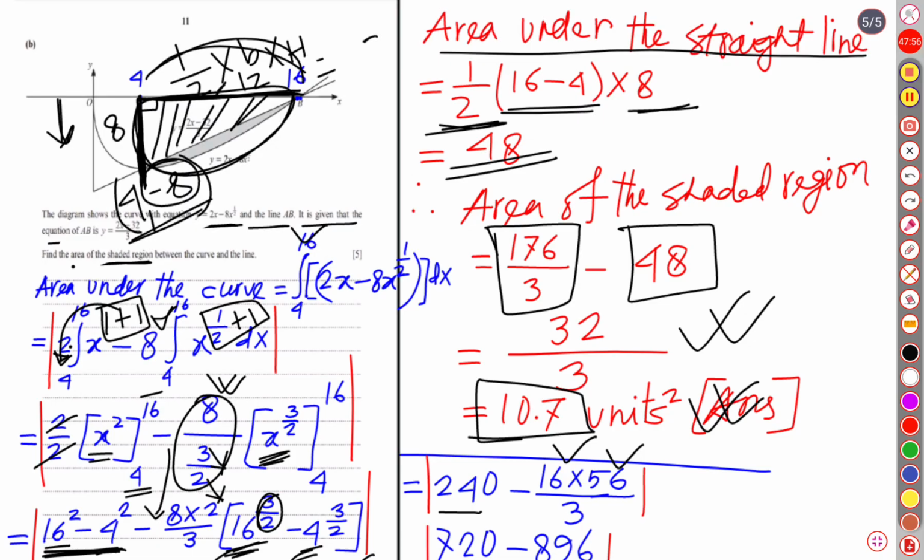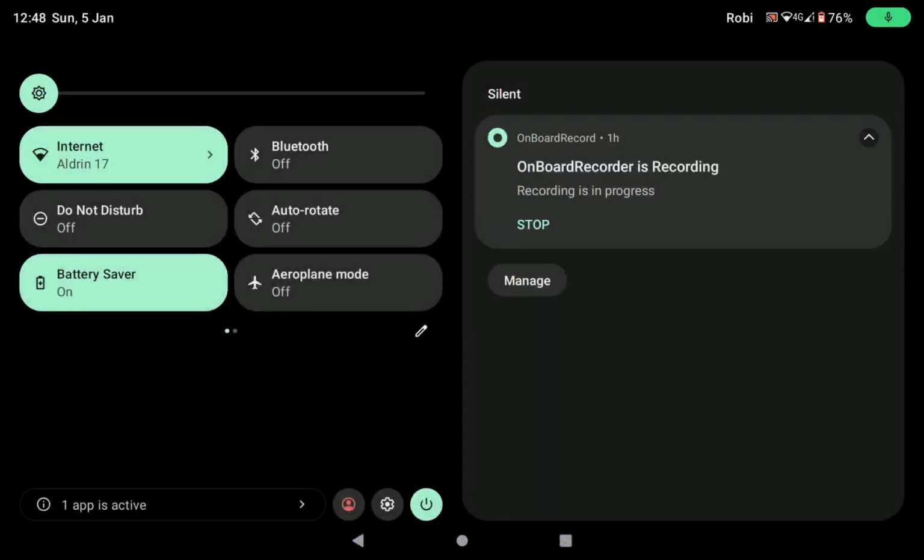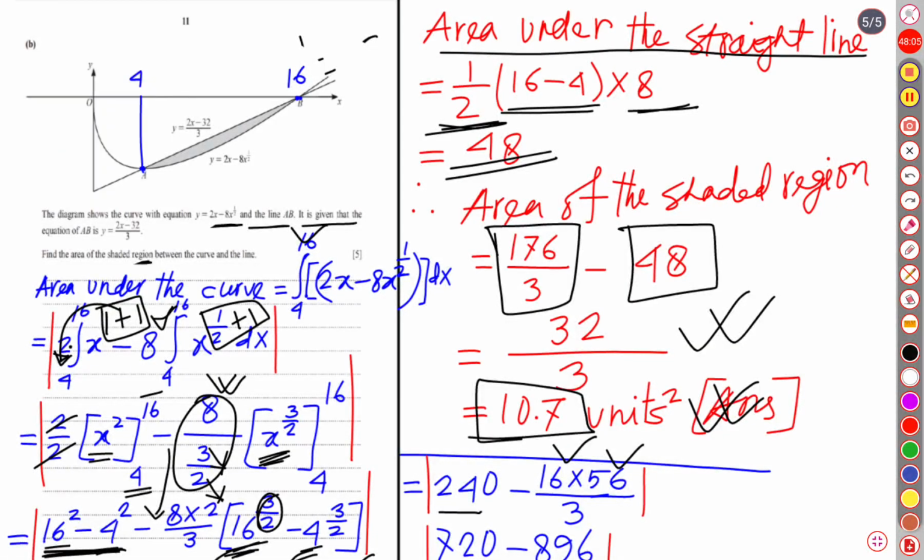So what have we learned from this one? In short, if curves or straight lines are given like this, look, let me erase this first. From the previous question we came to know that this point is 4 and -8. Then this one is 16 and 0.